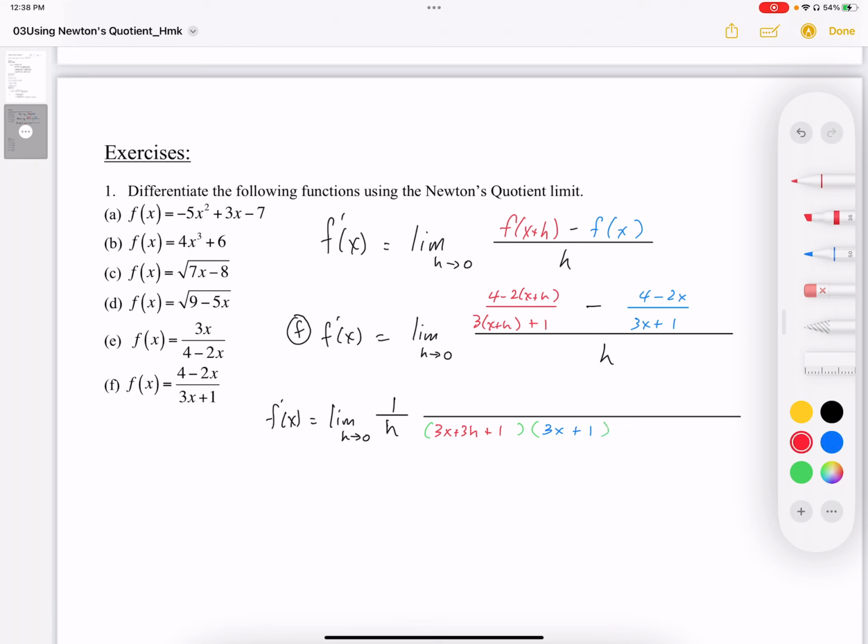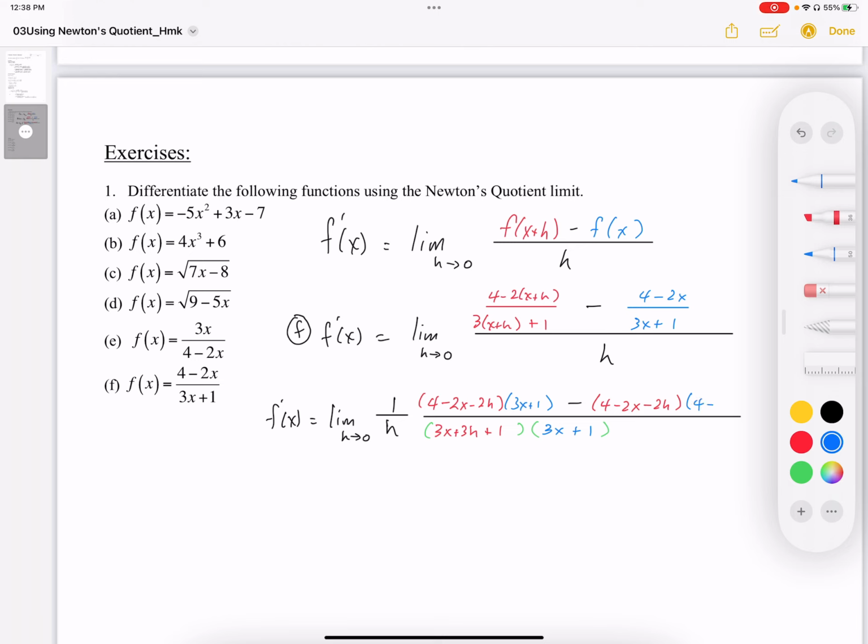Okay, and then I need to multiply the top and bottom of each fraction to get the numerator part of this. So I'm going to end up with 4 minus, and I'm going to write this as 2x minus 2h. And then I'm going to multiply that with the denominator 3x plus 1 minus, and I'm going to keep that the same, 4 minus 2x minus 2h times 4 minus 2x.